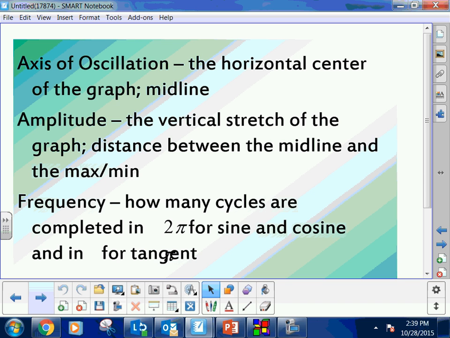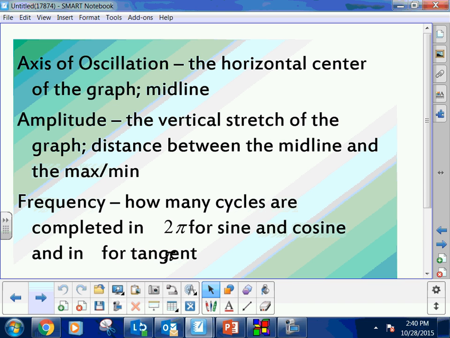Now normally, in most of our functions, they also had a vertical stretch that was normally a number multiplying the function, like if there was a 2 in front of the x squared, that was our a. In this case, it's going to be a 2 in front of the sine, or a 3, or whatever it is.